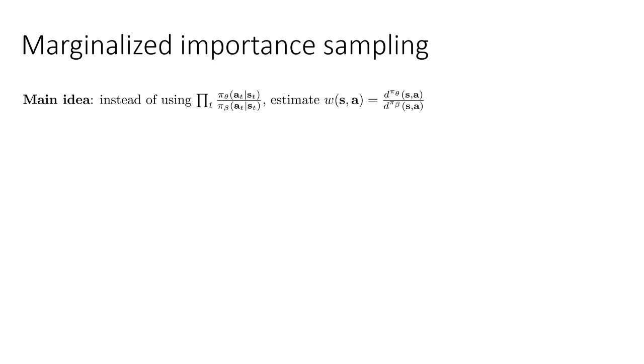So the main idea in what is called marginalized importance sampling is that instead of using a product of action probabilities like we did before, we're going to estimate importance weights that are ratios of state probabilities or state action probabilities. Now, the difference between states and state actions is not actually that different, because once you have a ratio of state probabilities, it's very easy to turn them into ratios of state action probabilities because you know a given s.